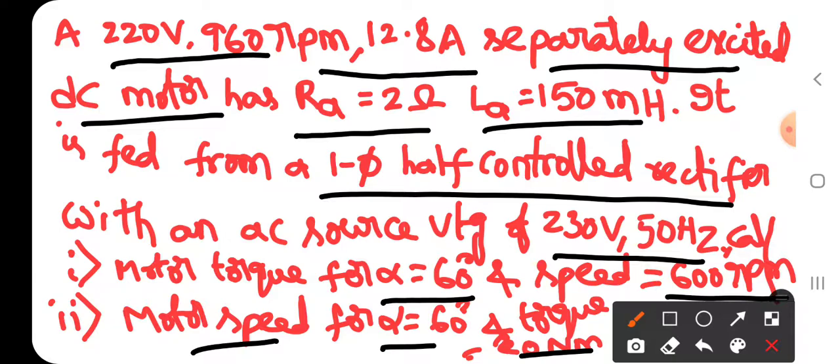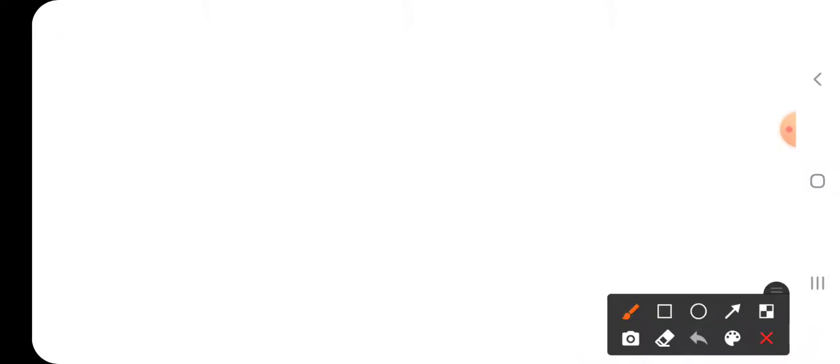That means at 960 rpm, the DC motor is taking 220 volts when its current is 12.8 amperes. So this is the terminal voltage of the motor, and hence I can find the back EMF.